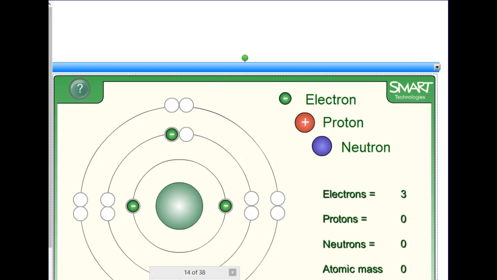If you have something like lithium, which has 3 electrons, do you think lithium would be likely to lose that one electron? Yes. Or do you think lithium is going to gain 7? No, because losing one eliminates a ring and it's closer to filling up the other one. Absolutely. It's all about what is the least energetically demanding.